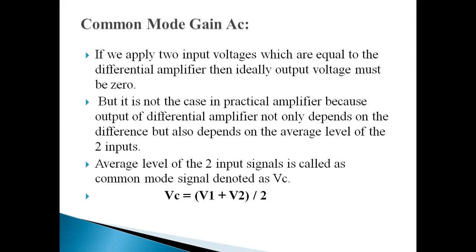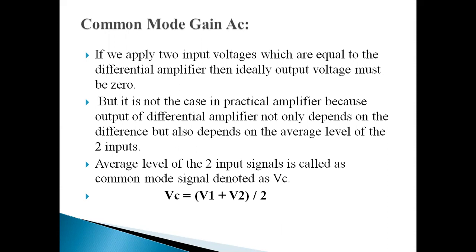Okay. So in a practical amplifier, we have some voltage because the output of the differential amplifier not only depends on the difference of two input signals, but also depends on the average of two input signals. So that means the output voltage of the differential amplifier not only amplifies the difference between those two input signals, but also amplifies the average of those two input signals.